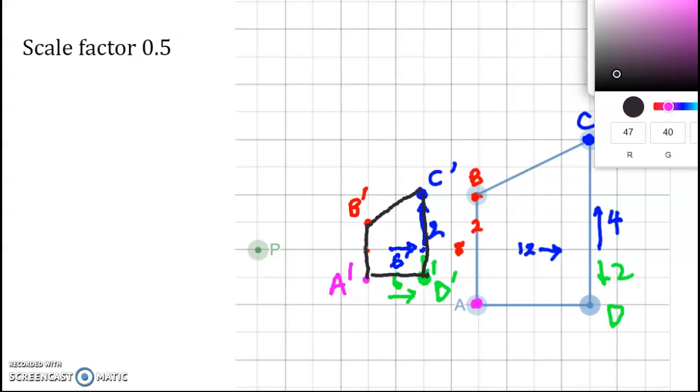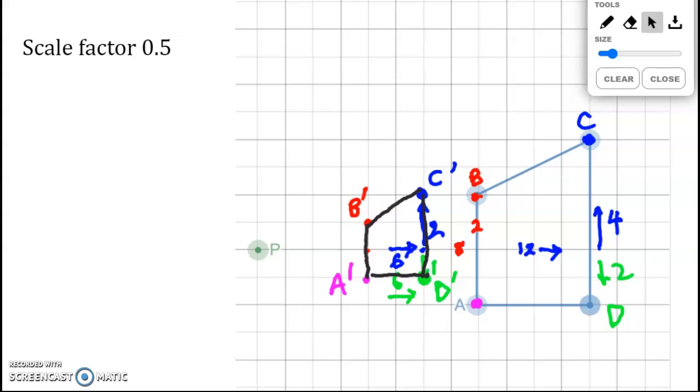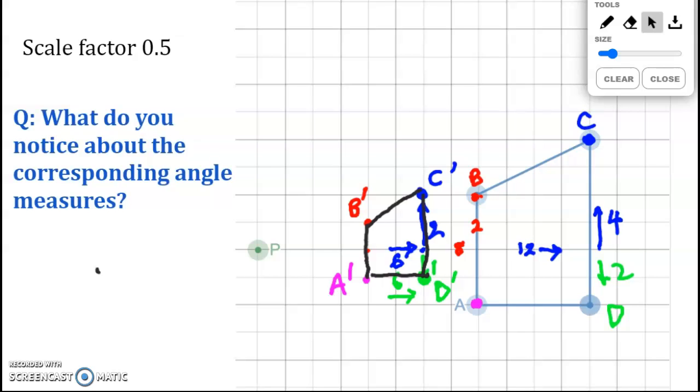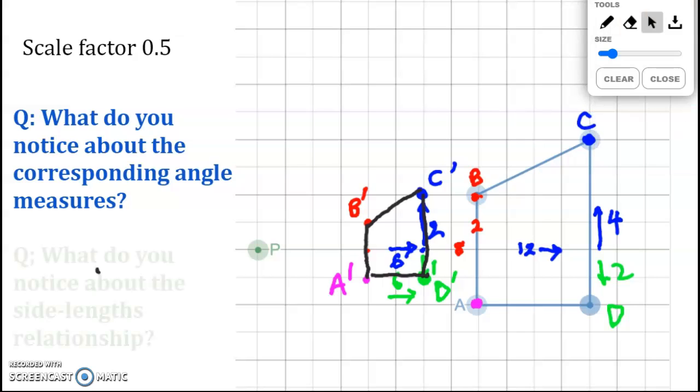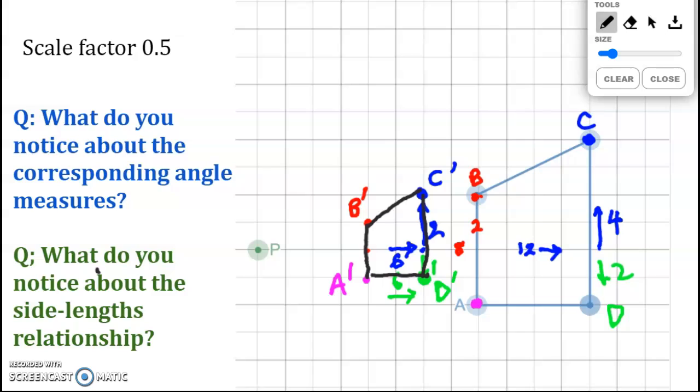Okay, all right, so now I want you to have a quick observation on comparing the pre-image to image. What do you notice about corresponding angle measures? What do you notice about, say, this angle and this angle?